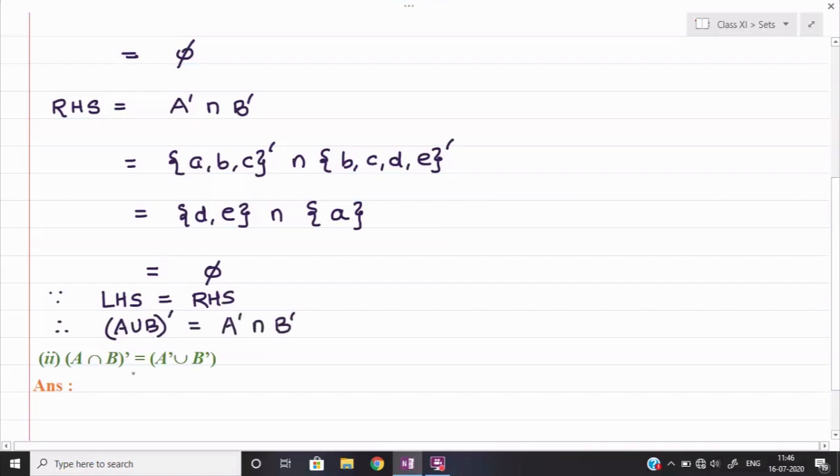Now in a similar way you try the second part by your own. In the second part, when you take the LHS, first find out the intersection between A and B and then take their complement. Similarly, in the right hand side, first find out the dashes and then take the union. So you will get the answer in the same manner.